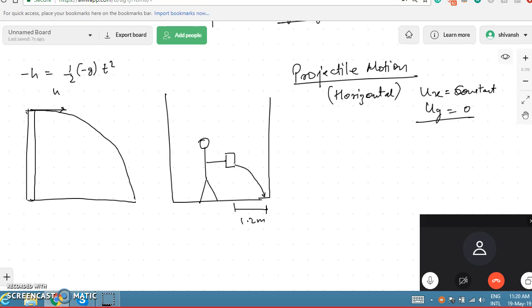We will not use the ut part. Why? Because u is equal to 0 in this case. Which u is this? This is uy. And this distance, let's call this r for range, was calculated as ux multiplied by this t, the same t that you get from here.